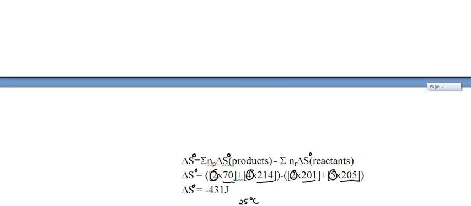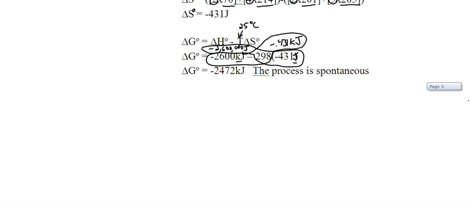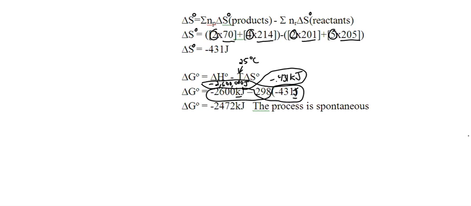Down here you have a bit more involved version of the equation being shown, where n is that coefficient from the balanced equation, so it's like the number of moles. And then it's going to multiply times the products. That's why we had, it's going to multiply times that absolute entropy value from the table.